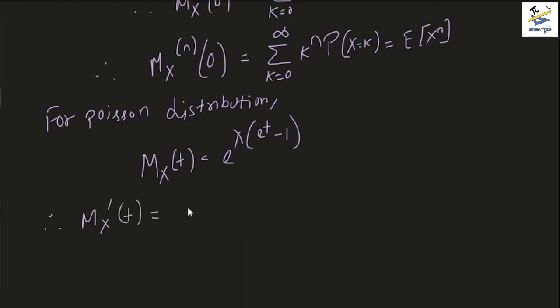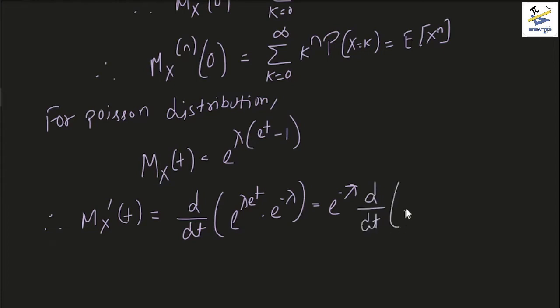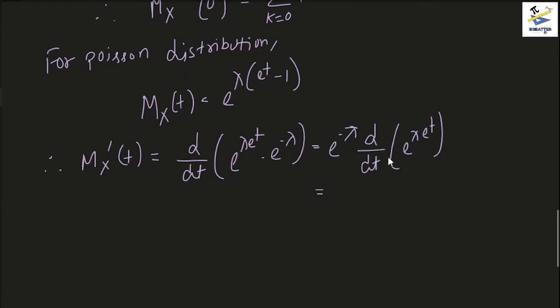The first derivative here would be d/dt of e to the power lambda e to the power t into e to the power minus lambda, right? So e to the power minus lambda is a constant, so it can be taken out of the differentiation, and what we get is this. Now this differentiation would be, firstly we would write out e to the power lambda e to the power t multiplied by lambda e to the power t.